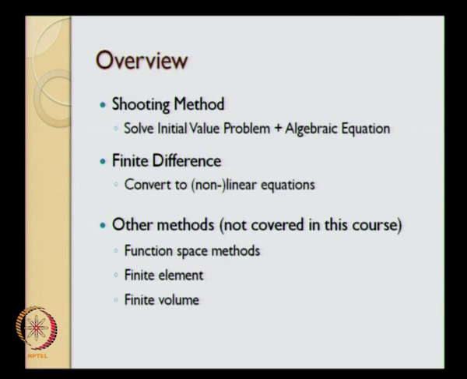The other methods which we are not going to cover in this course are function space methods or finite element methods, for example the orthogonal collocation method, and the third example is the finite volume methods. We are not going to cover these because they are slightly advanced techniques. For our purpose, we are going to limit ourselves to the shooting method and the finite difference method.